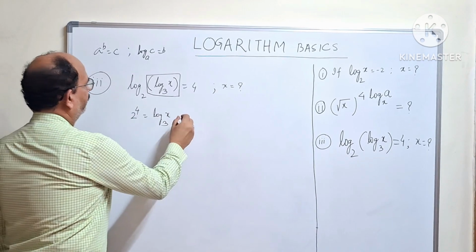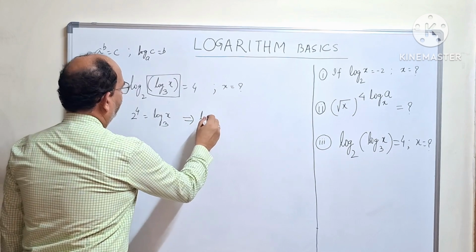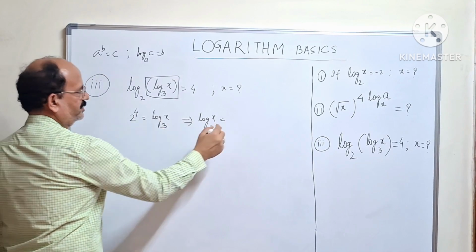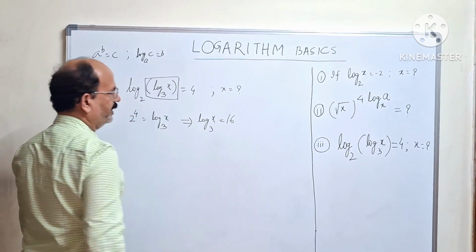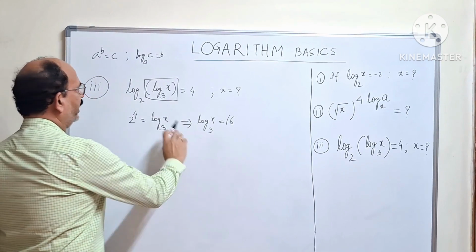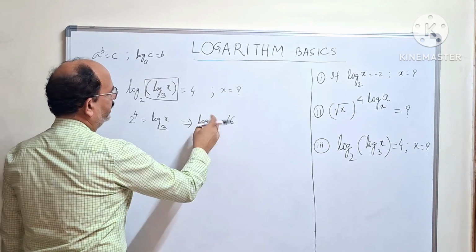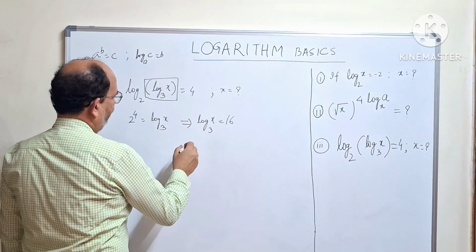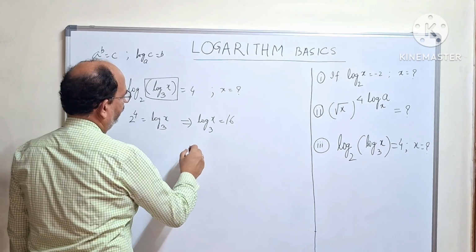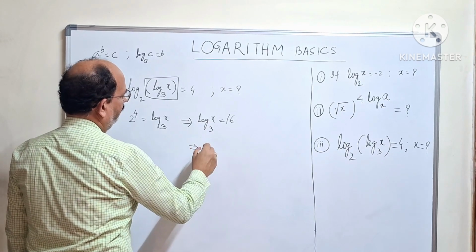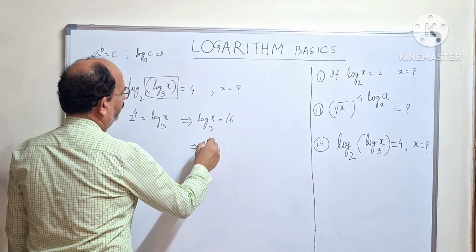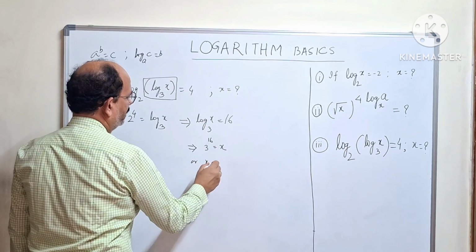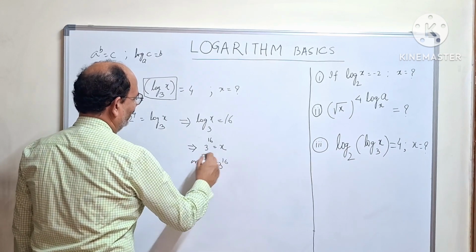So we can write that log x base 3 is equal to 2 to the power 4, which is 16. Now again we can apply the same approach because again it is in the form of log. Then from this we can write in the exponential form that 3 to the power 16 is equal to x, or x is equal to 3 to the power 16.